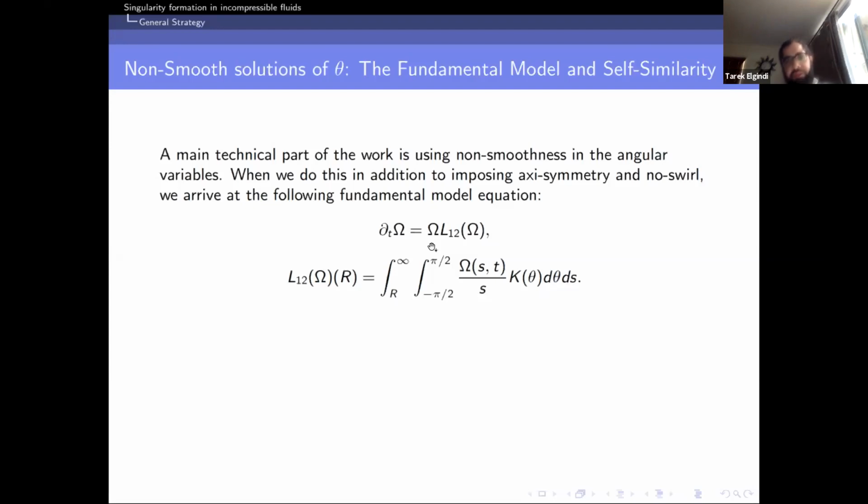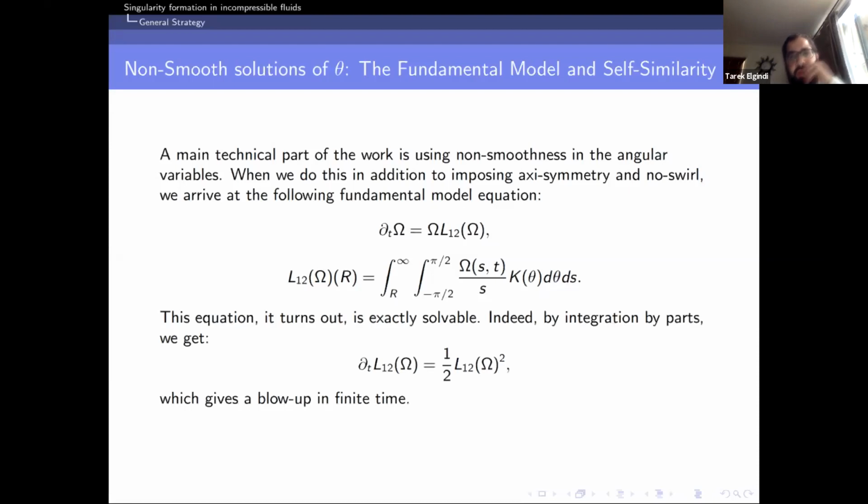And for this one, it's not difficult to establish finite time singularity. Actually, it is a Riccati equation, and if you integrate by parts in the right way, so if you apply this operator L12 to this equation, where it's defined by this, this is that same type of operator, the R bar operator I discussed.